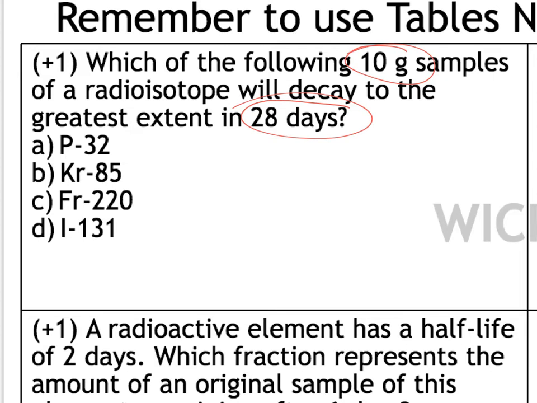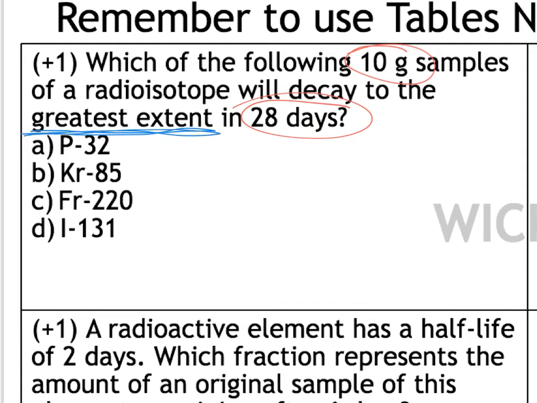But since each one of the samples is starting at 10 grams, and each one of the samples is decaying for 28 days, then you can actually ignore both of those numbers, since they're going to be applying to all of the samples in all the choices. So that means that the only thing that really matters for this question is greatest extent.